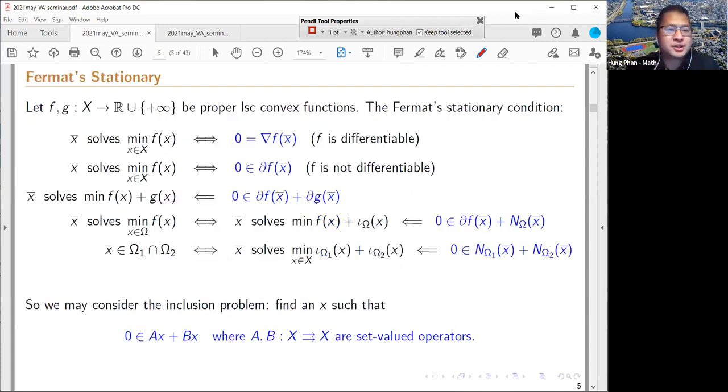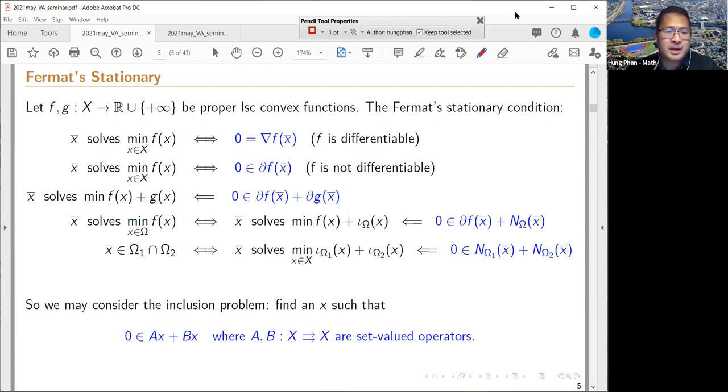The Fermat stationary condition, when we work on a general optimization problem, in particular minimization problems. Suppose f is a proper lower semicontinuous convex function.